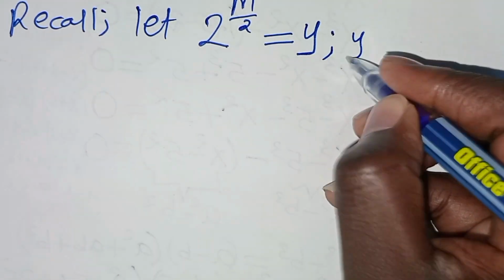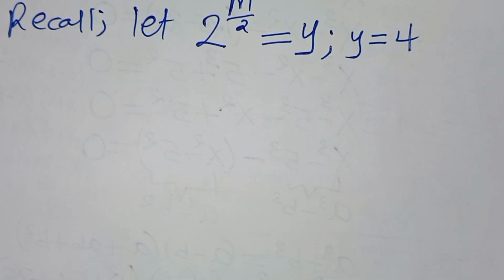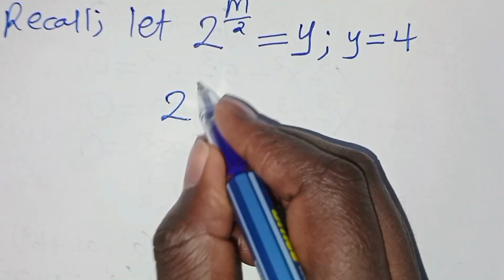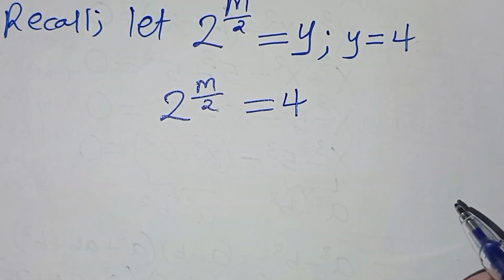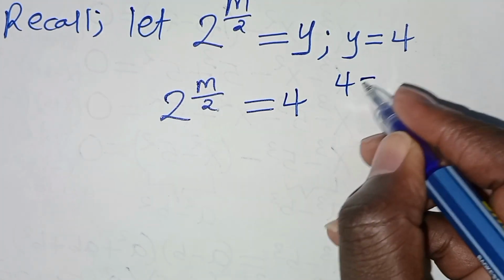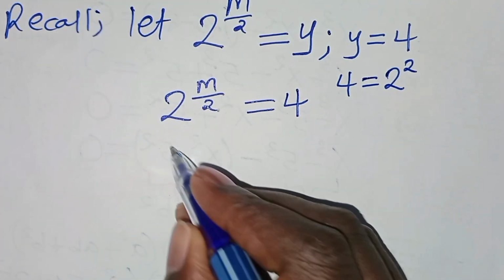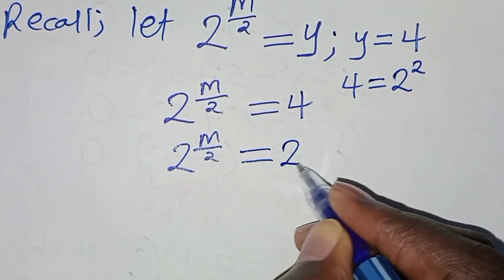And y in this case is equal to 4. So let's substitute this. We will have 2 to power m over 2. This is equal to 4. We can express 4 as 2 to power 2. Let's substitute this. So we'll have 2 to power m over 2. This is equal to 2 to power 2.